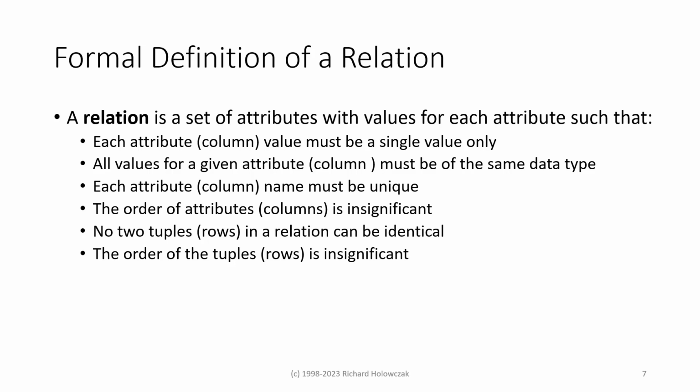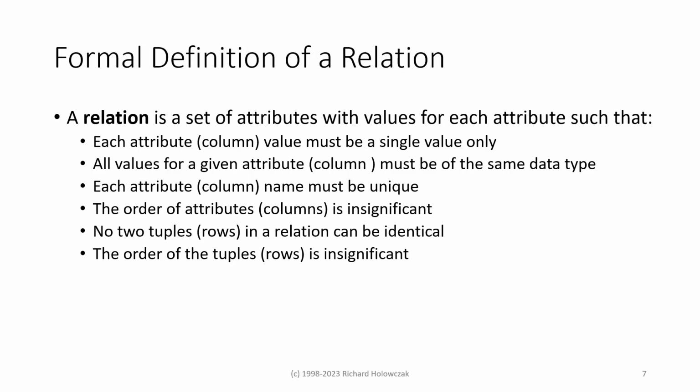All values for a given attribute must be of the same data type, either text, numeric, or date. Each attribute name must be unique, and the order of the attributes is insignificant. It doesn't matter what order we put our attributes in. The order of the rows is also insignificant, and perhaps the most important of these 6, no 2 tuples or rows in a relation can be identical.